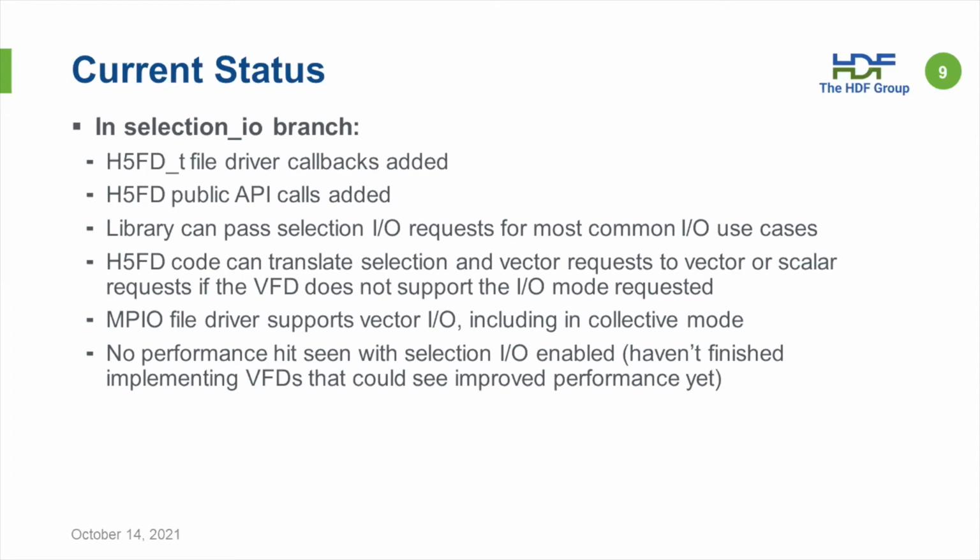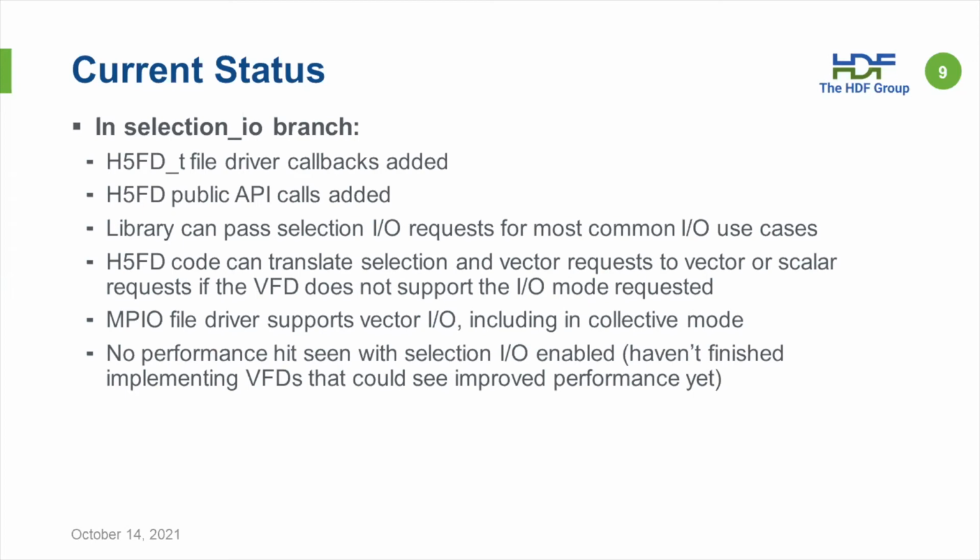And we've implemented vector IO support in the MPIO file driver, including with collective support, and we've verified that that works correctly with the library passing selections to the file driver layer, and then that gets translated to vector, and then everything works even in collective mode.